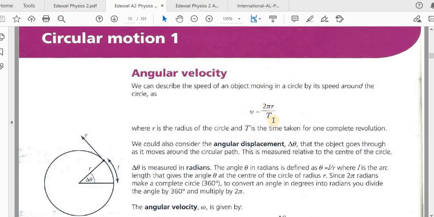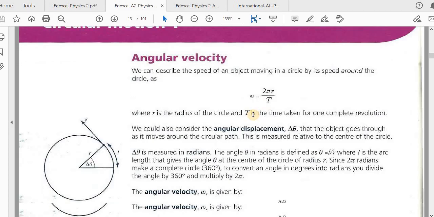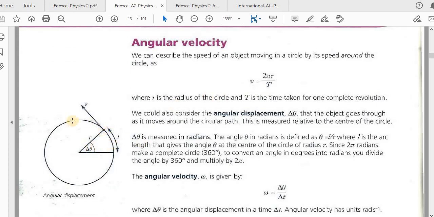V equals 2 pi r over T. Why 2 pi r? Because to complete one round, it has to travel a distance equal to the circumference. So V equals s over t, remember, the arc length divided by the time. If it goes one whole round, then it will be 2 pi r, which is the circumference. And the time taken for one complete round is the period, which is capital T.